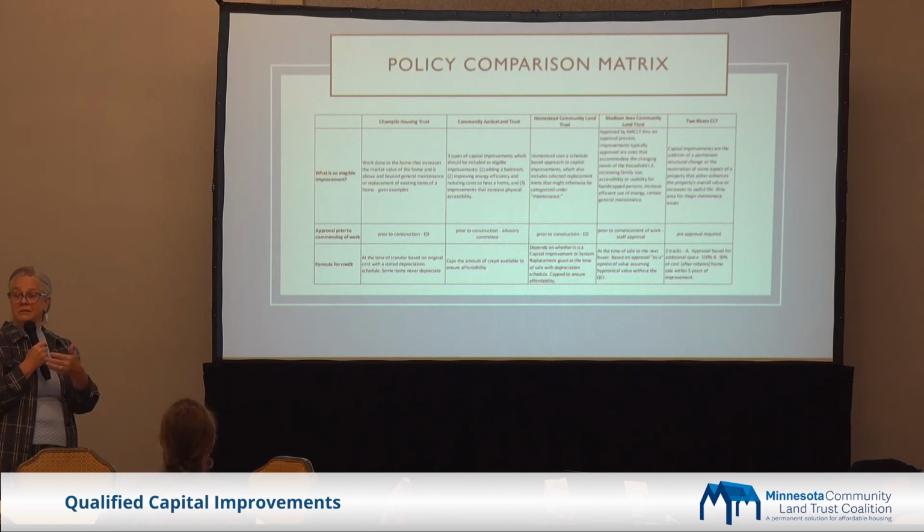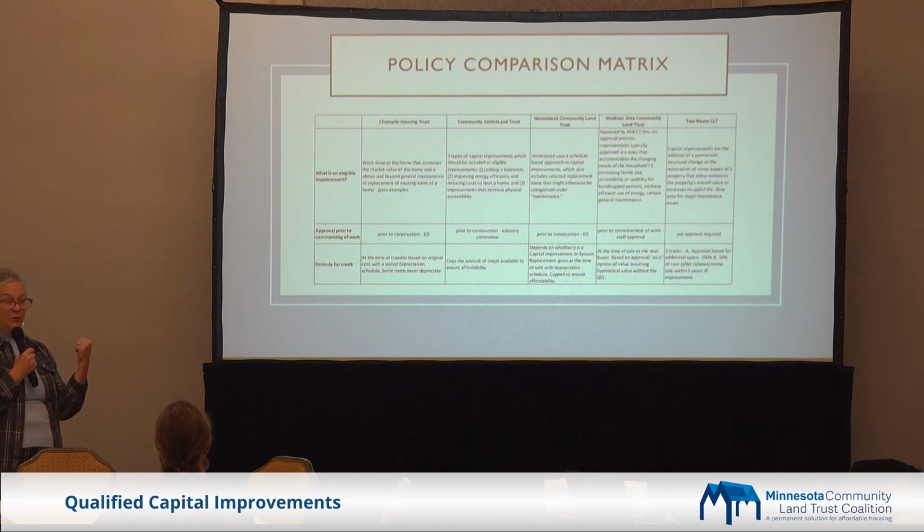Doesn't matter if they did it 10 years ago or today. So it would take into effect some of the depreciation that happens if it was a 20-year-old improvement. So some do that, and others, with Champlin, one of the interesting things was some of the things that they give credit for never ever depreciate.